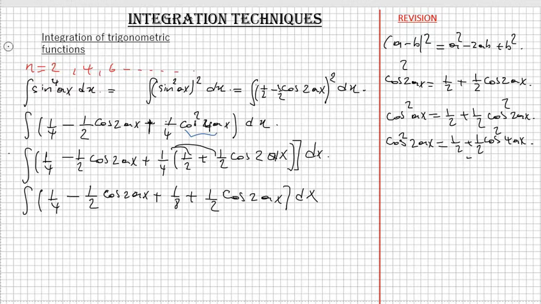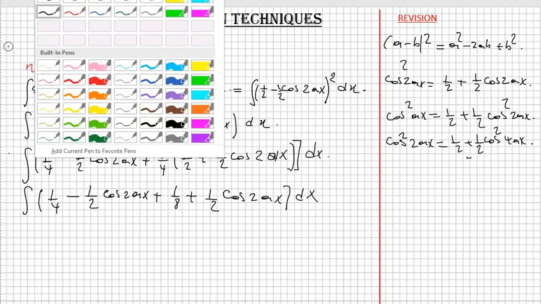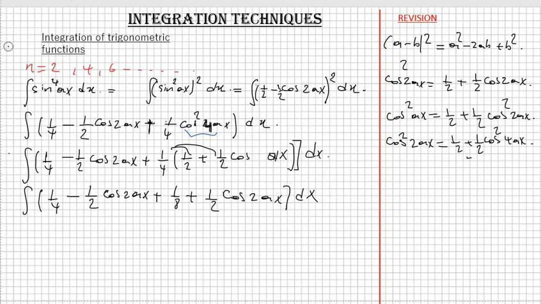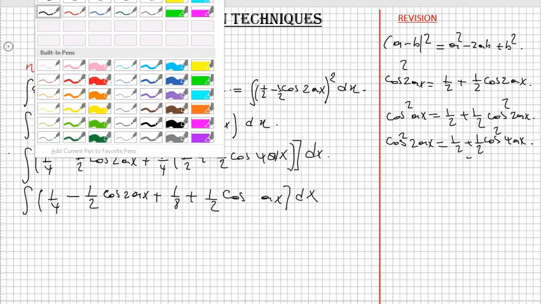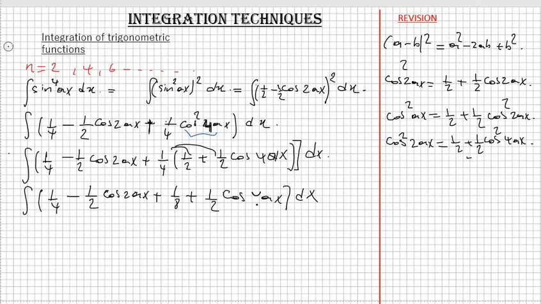So we actually need to change that. So these two should be turned into 4. So now these two are not like terms because we have 2ax there, but here we have 4ax. But I can see they are like terms, like we have 1 over 4 plus 1 over 8.